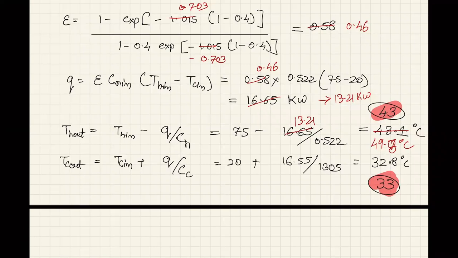This is 206. So this value is 6 something. So if I take up to 4 decimals accuracy, so 49.8, and over here again I need to change the value. 13.1 divided by 0.305.